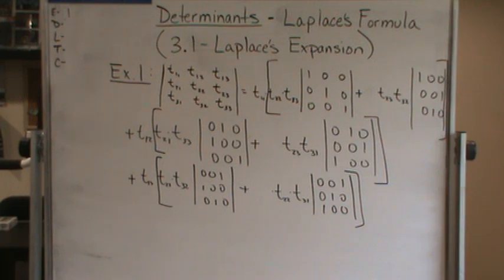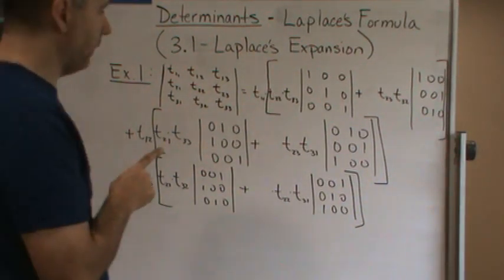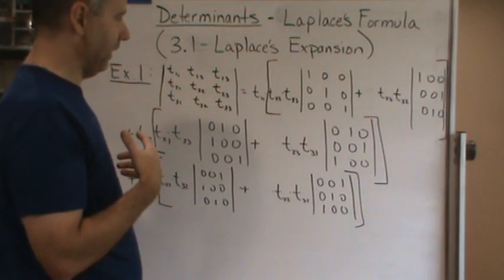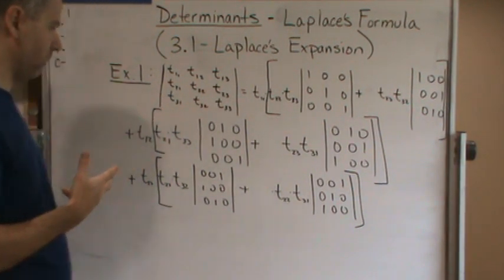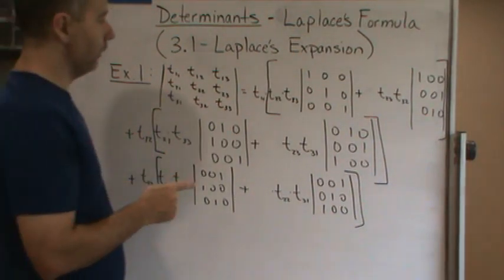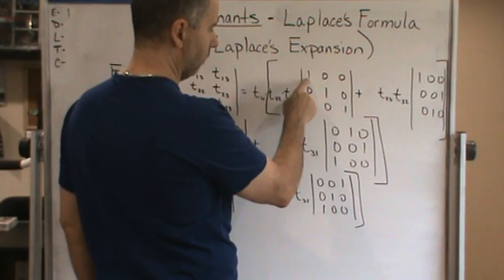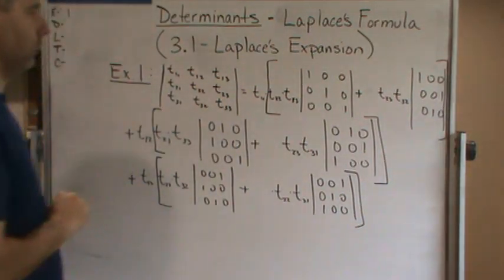Because we did the first row, we want to swap and get the first row in its place. Meaning we want the first row with the 1 up here.